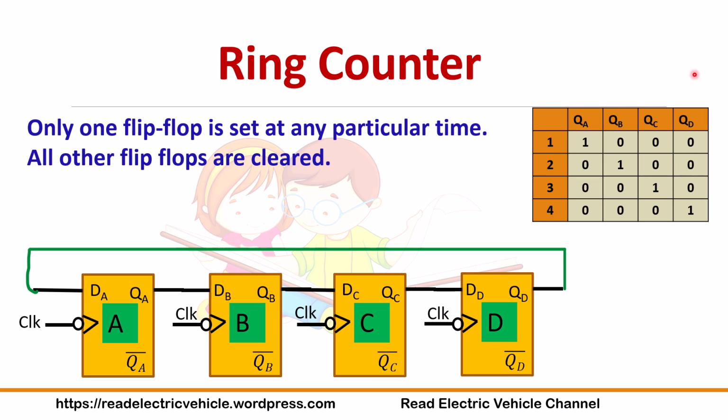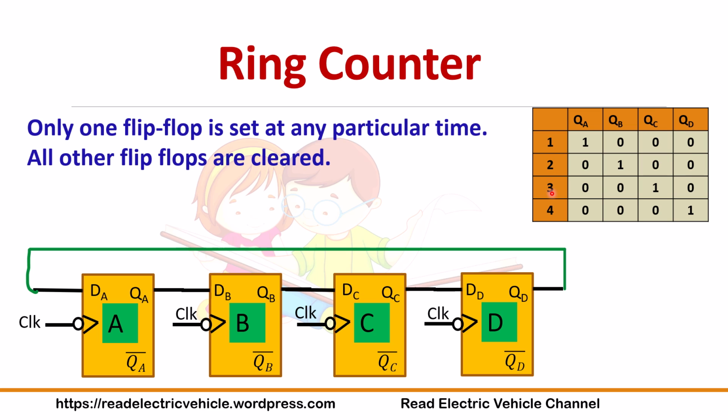You can see this table here. QA, QB, QC, QD are the outputs of the 4 flip-flops A, B, C, D. And this 1, 2, 3, 4 represents the 4 states of the ring counter. For the first state, we can see QA is 1, that is, flip-flop A has a high output. Remaining flip-flops are 0. For the second state, QB is having the high output and the other flip-flops are 0.